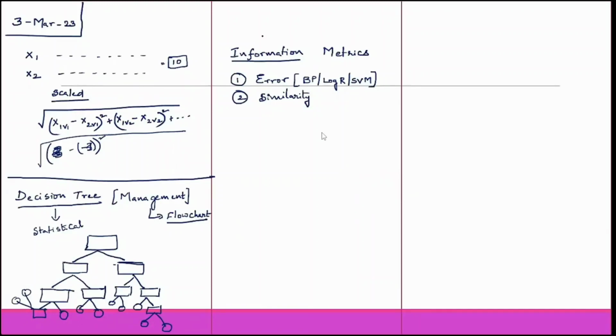Sorry, Shubha, I did not get your question. Support vector machine, which we did yesterday. Yesterday was completely about support vector machine.